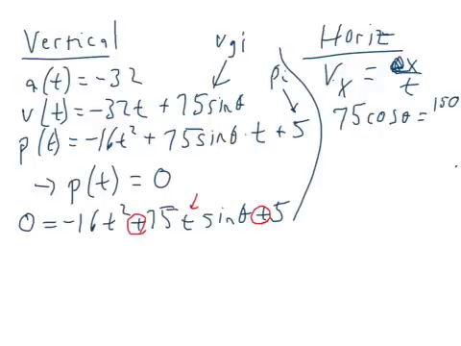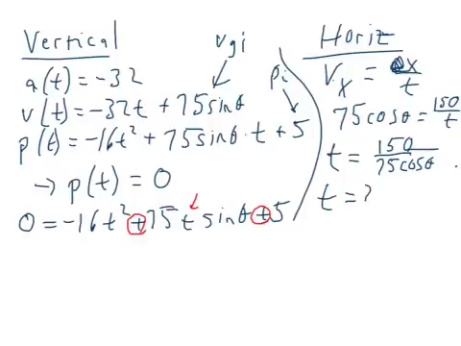It's a pretty good choice, I must say. And we don't know what t is. So this isn't going to get us anywhere either, but let's simplify a little bit. We'll have 150 over 75 cosine theta, which becomes 2 secant theta.